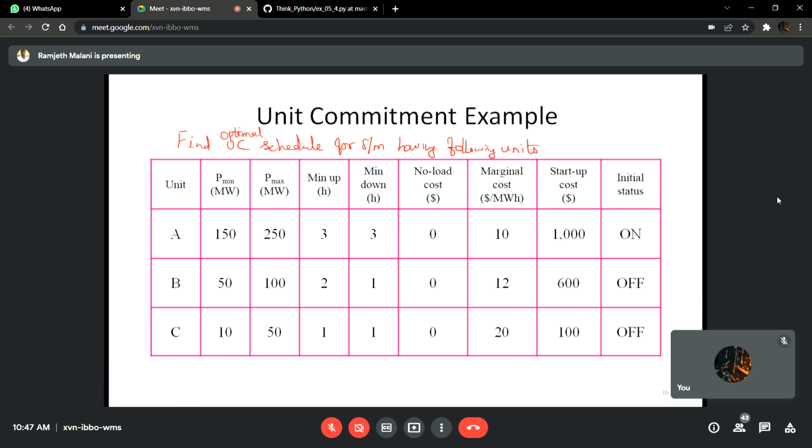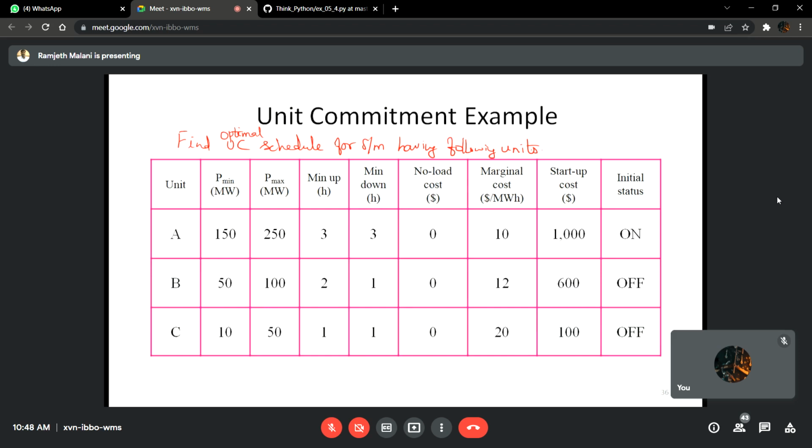Right, find optimal unit commitment schedule for the system having the following units. Units A, B, C are there. Each unit has a minimum limit and maximum limit. Each unit has a minimum uptime and minimum downtime. All the units have the no load loss as 0 and the marginal cost in dollars per megawatt hour is given, and the startup cost for each unit is given.